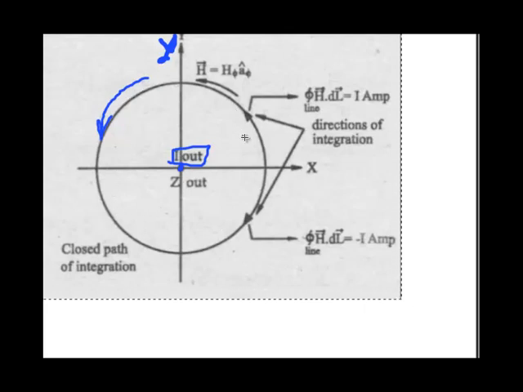So this is the case where current flows in a filament and the magnetic flux lines are produced around it. To calculate the current value from the flux line, we have to find the value of current from H.